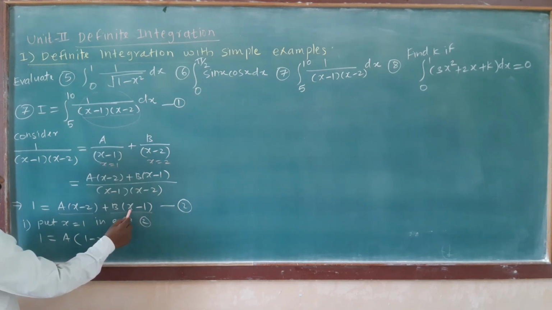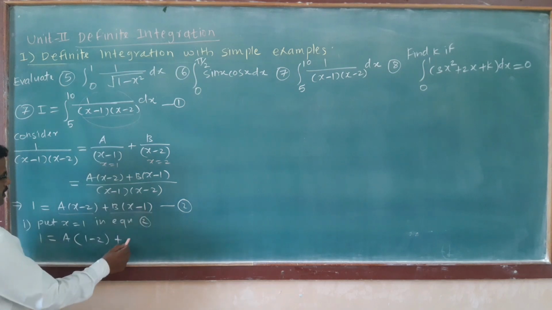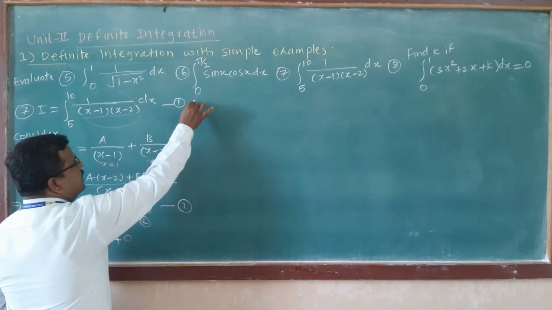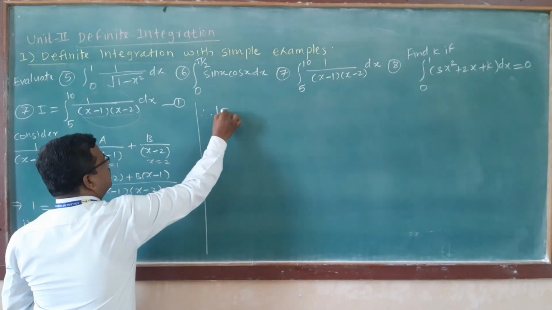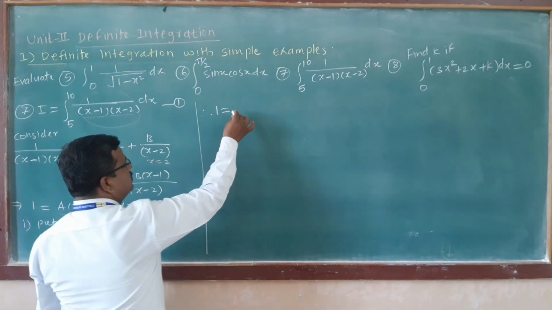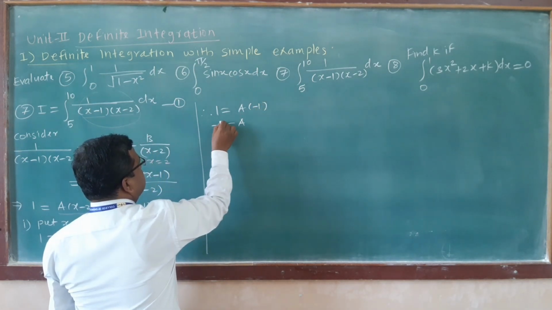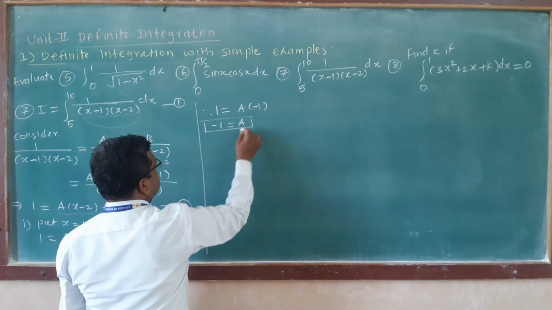If you put x equal to 1 here, 1 minus 1 is 0. So this term becomes 0. Therefore we get 1 is equal to 1 minus 2, which is minus 1. So this is a into minus 1, or a is equal to minus 1.